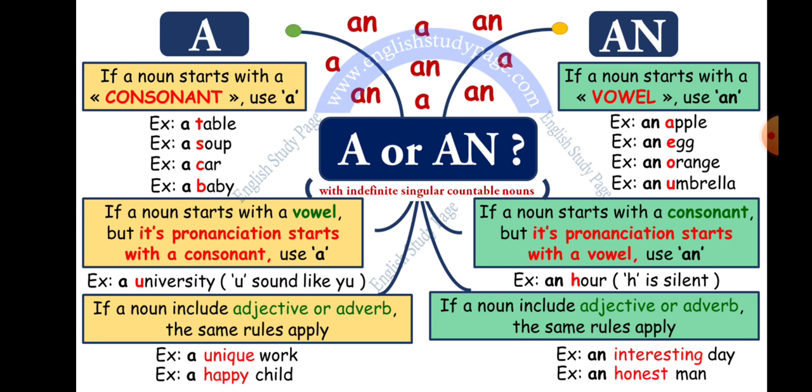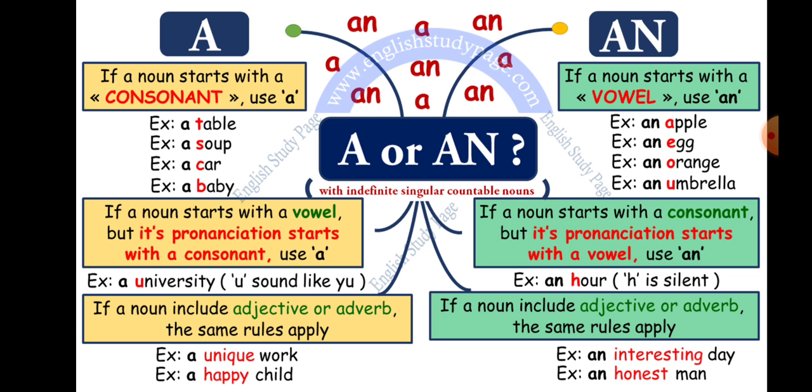But the difference is that a is used before a countable noun in the singular number beginning with a consonant sound, whereas an is used before a countable noun in the singular number beginning with a vowel sound. Are we clear with this?